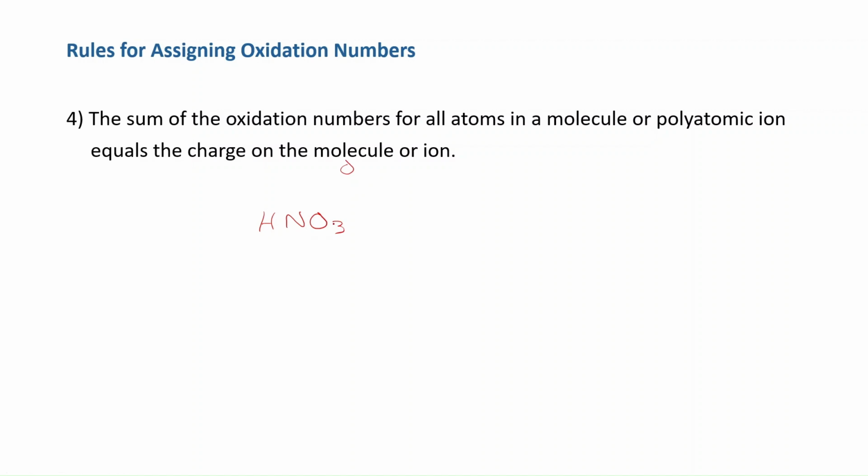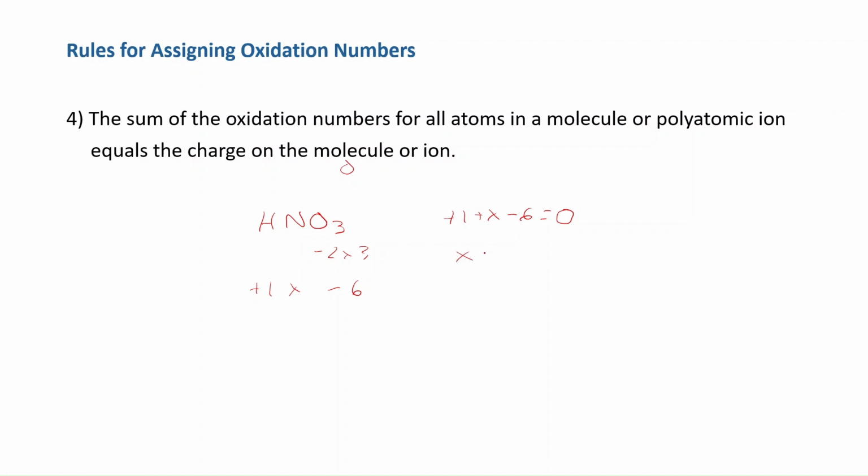We know oxygen most likely is going to be minus 2, and you have 3, so you have minus 6. Hydrogen most likely is going to be plus 1. Nitrogen, we don't know. So we're saying that plus 1 plus x minus 6 equals the charge of the molecule, which is 0.